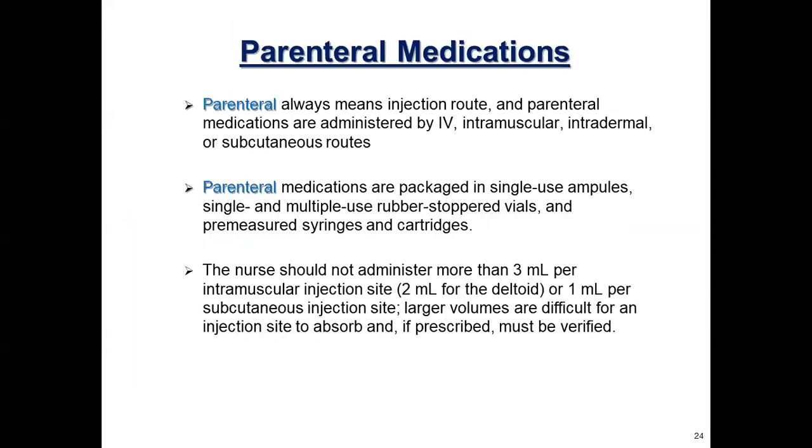Now go here. The nurse should not administer more than 3 ml per intramuscular injection. So if you see the doctor prescribed a dose of more than 3 ml, it is good to hold, make a phone call, get a confirmation, then go next.